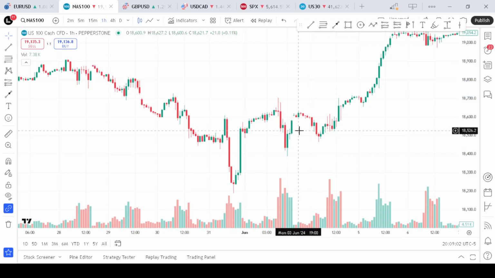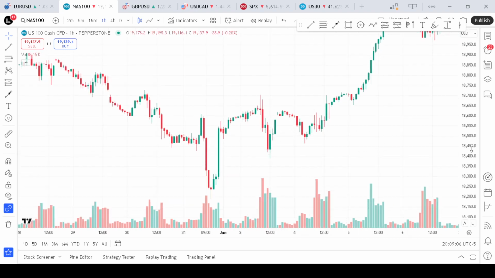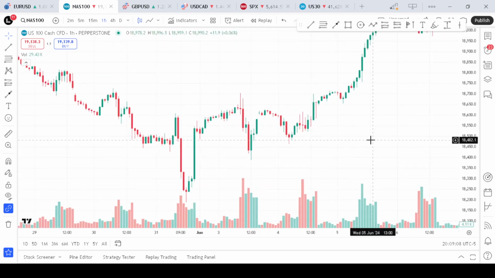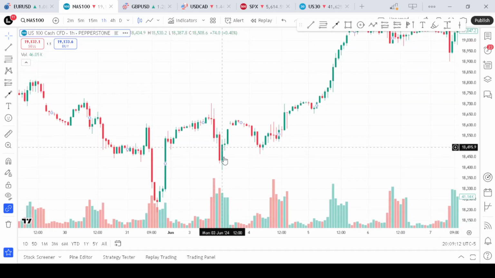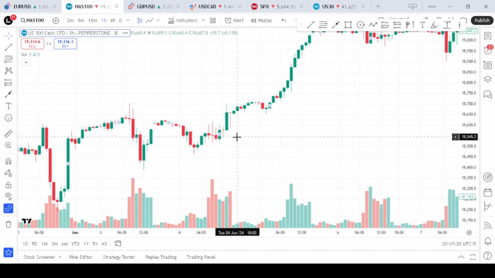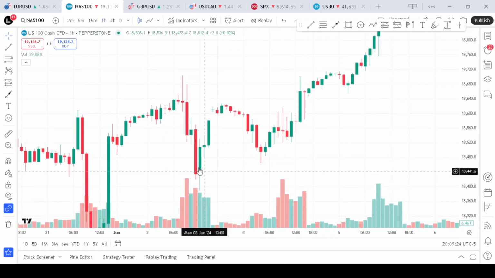We have to start by waiting for the pattern to be complete. For the pattern to be complete, this means we have to allow the second candle to close above the midway point of the first candle. As we can see, this second candle closed above the midway point of the first candle.